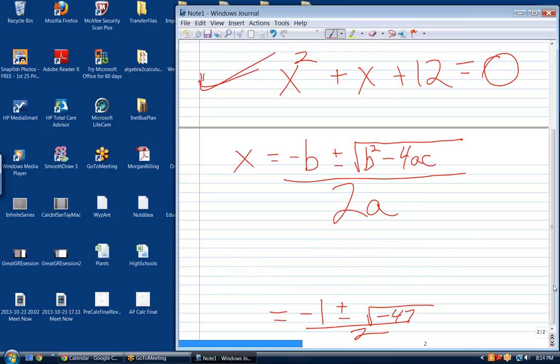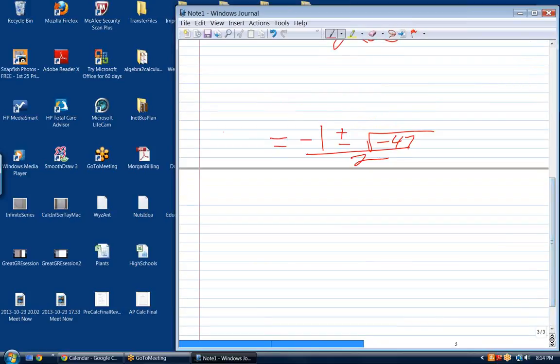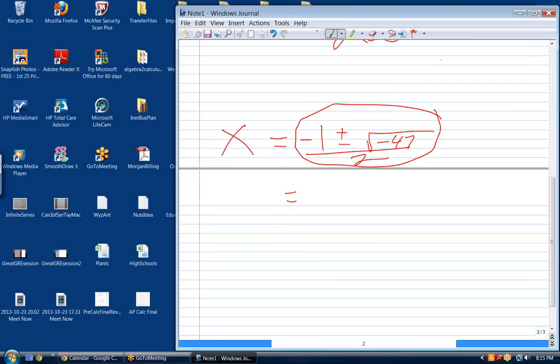Now, remember what this is. This is x equals. So I can't really simplify that, but that's not in a plus bi format.